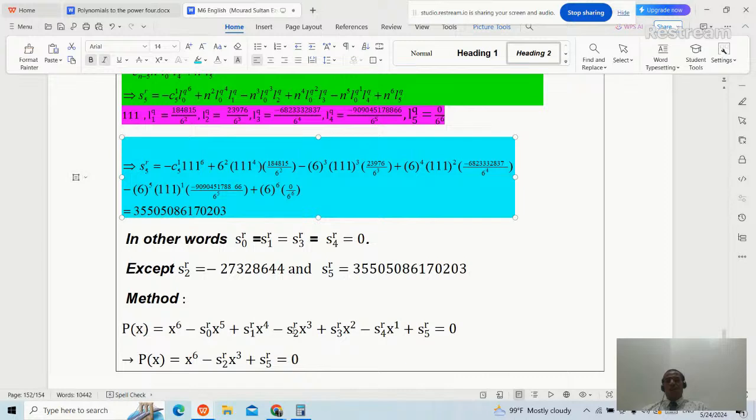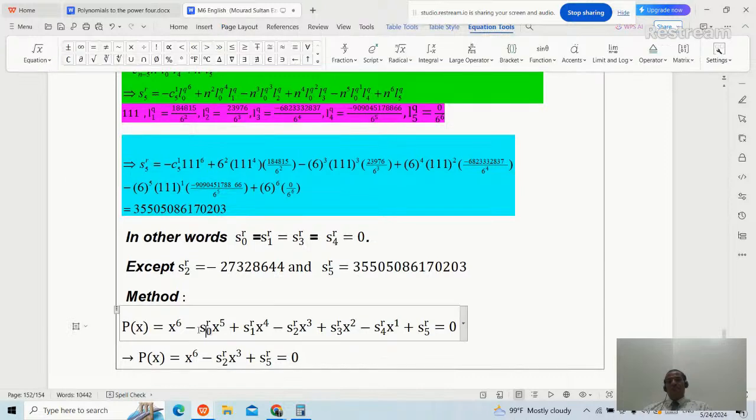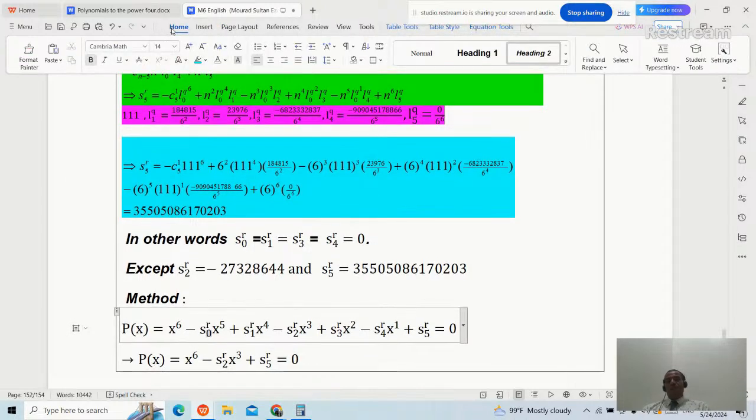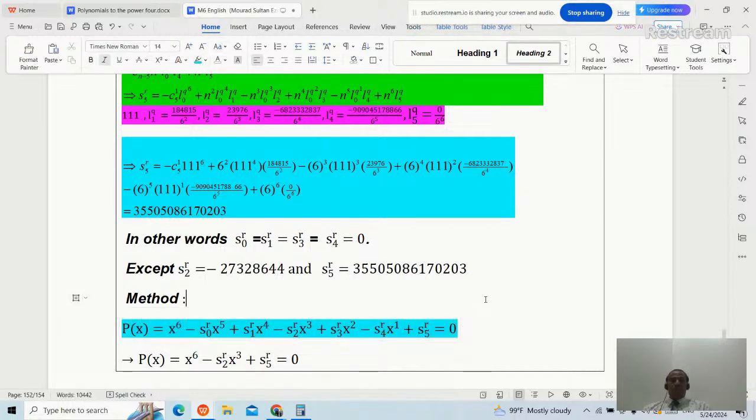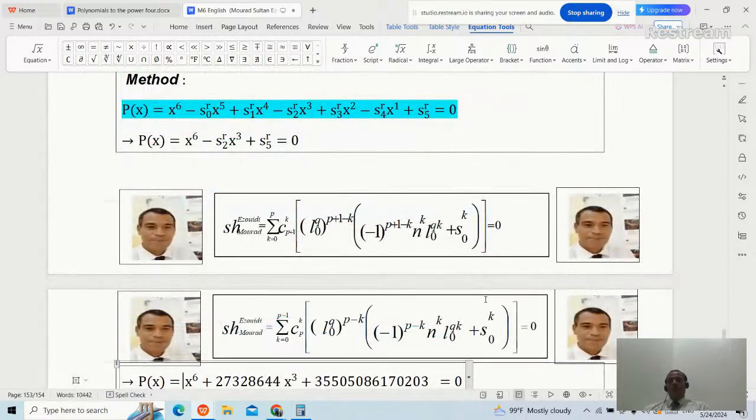Therefore, learners, we can write P of x equal x to the power 6 minus S0 of order r x raised to the power 5 plus, and so on. So this new polynomial is obtained from the value of S R of order Q, where R belongs to the set of numbers 0, 1, 2, 3, 4, and 5.